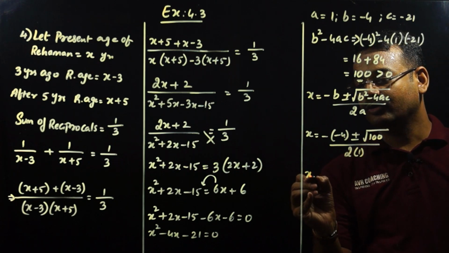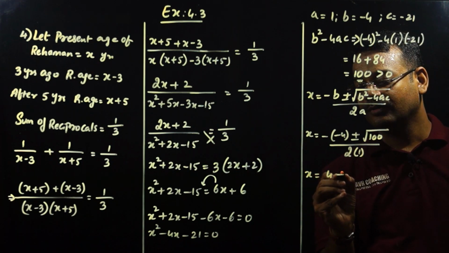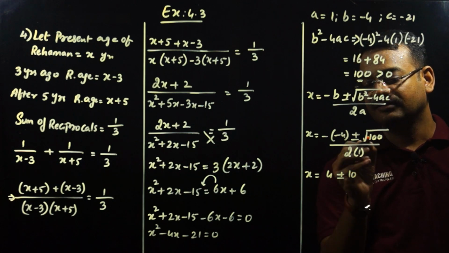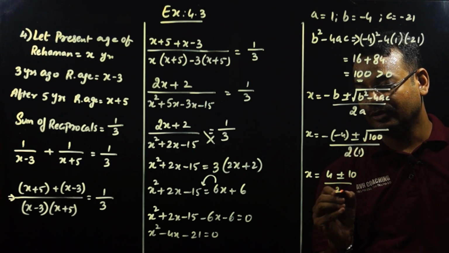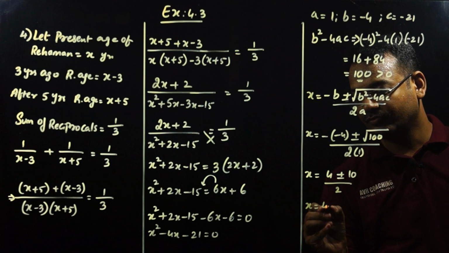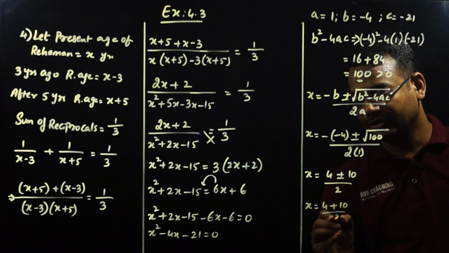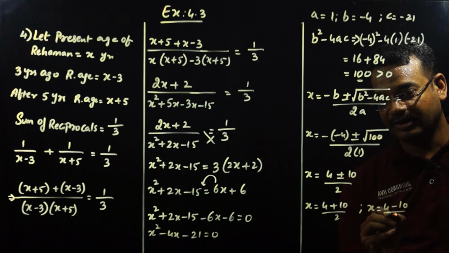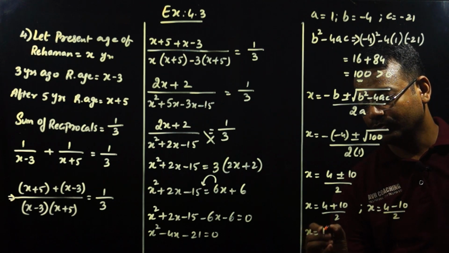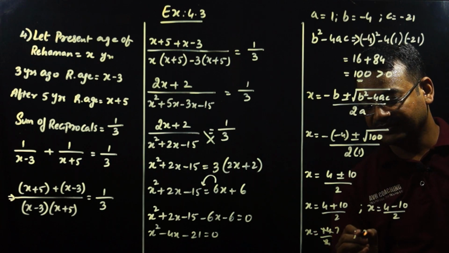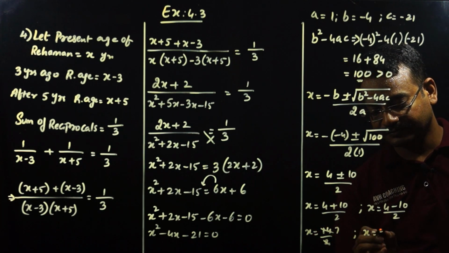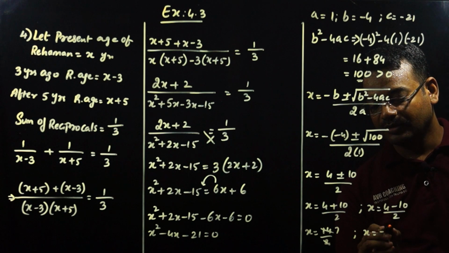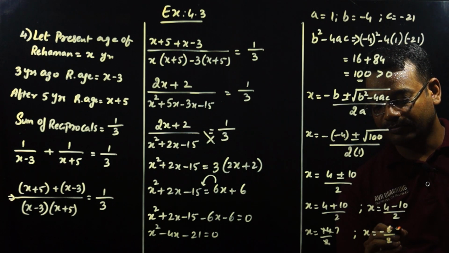So x equals 4 plus or minus 10 by 2, that is root 100 is 10. So x can be 4 plus 10 by 2 and x equal to 4 minus 10 by 2. So x equal to 14 by 2, which is equal to 7, and x equal to minus 6 by 2, which is equal to minus 3.